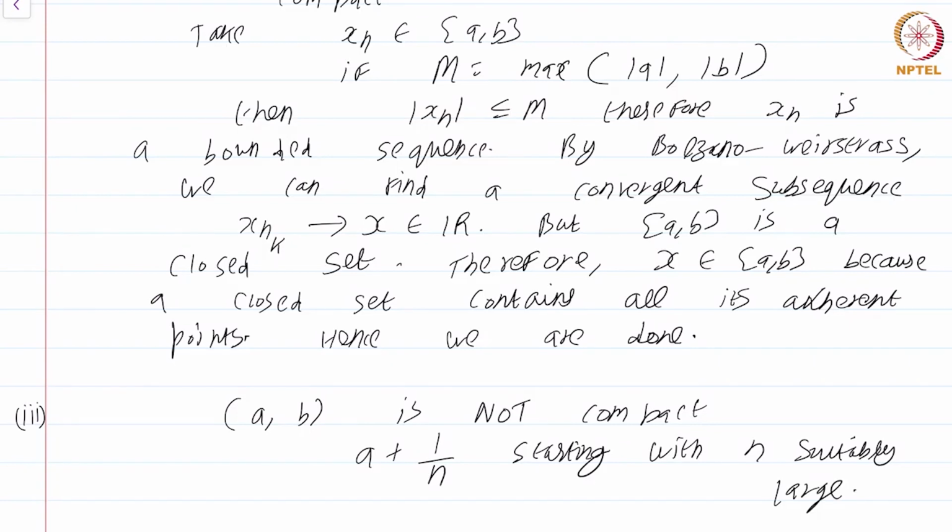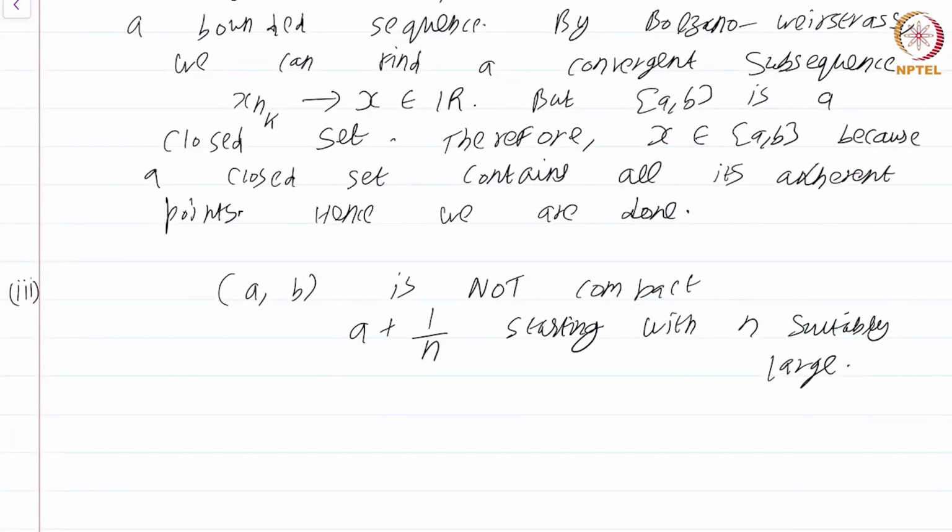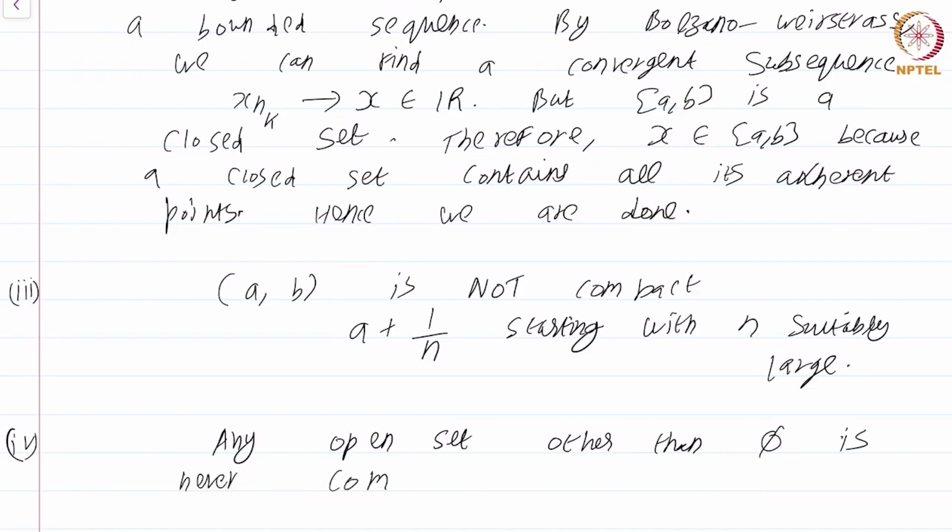Therefore, any subsequence will have to converge to the point a, and the definition of compactness cannot be satisfied. In fact, any open set other than the empty set is never compact. Proof. The proof is not hard. Just think about why this is true.